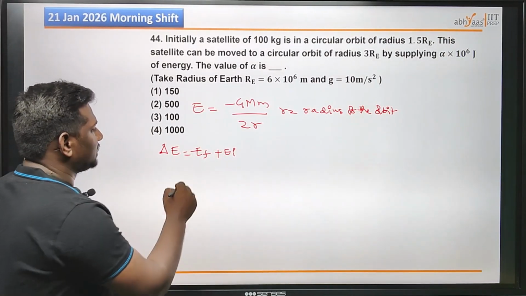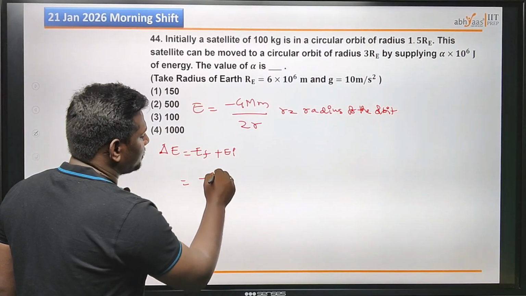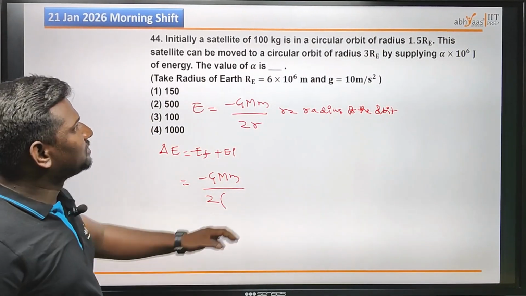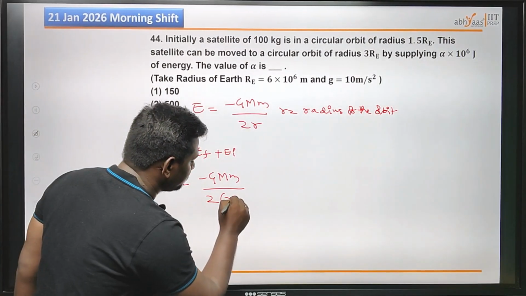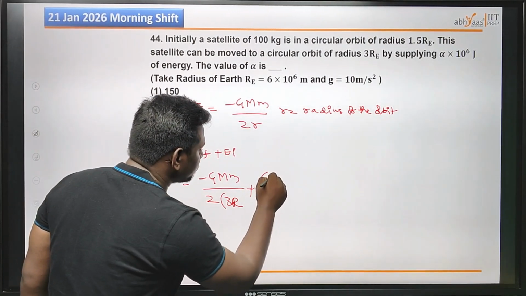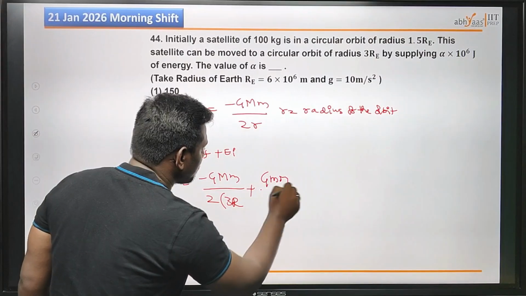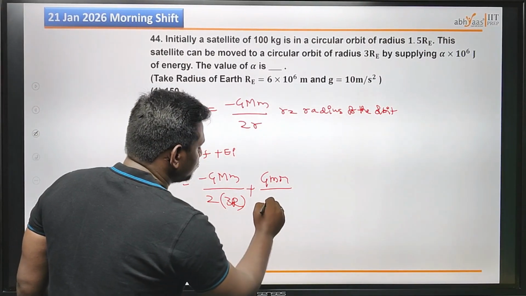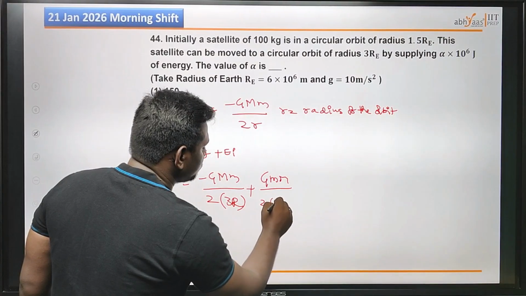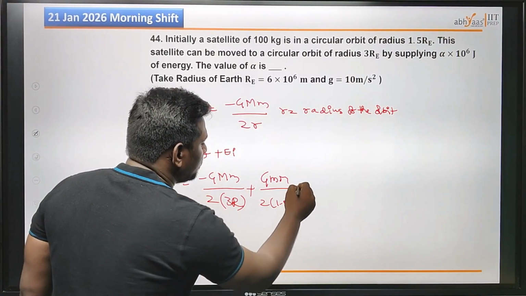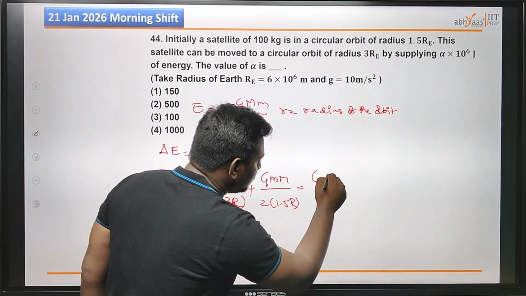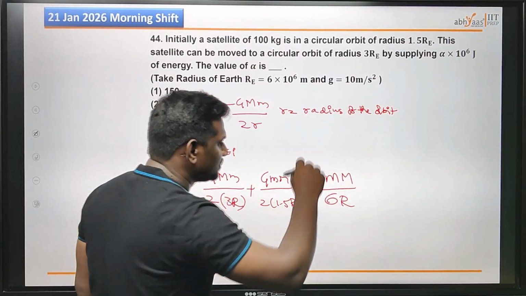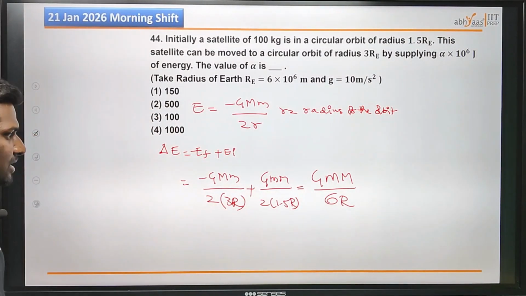What is the final energy? Minus GMm by 2 times the final radius, 3R. What is the initial radius? G capital M, where capital M is the mass of the earth, 2 times 1.5R. If you simplify this, you will get GMm by 6R.